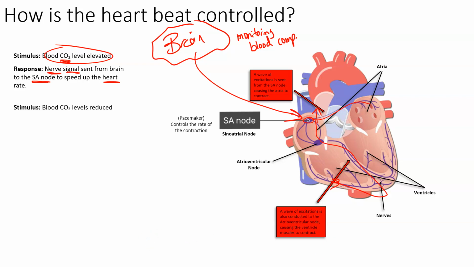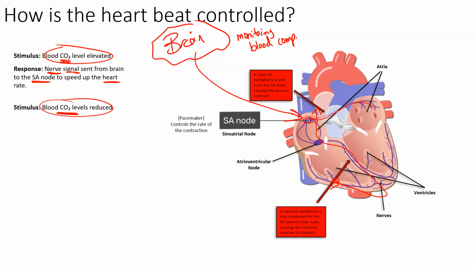Because your brain is constantly monitoring blood composition or blood chemistry, it will too, just like it did to increase heart rate, recognize that once it has had a series of quicker contractions, your blood CO2 levels have been reduced. Okay?